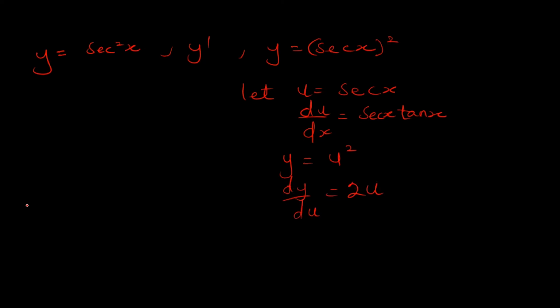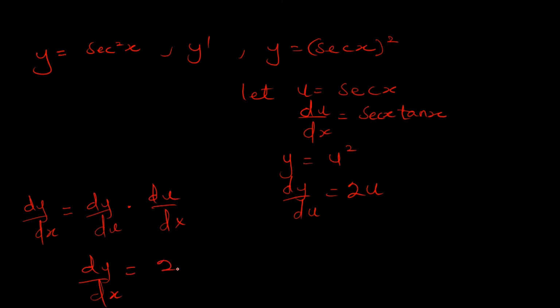So if we want dy over dx, or y prime, it is going to be dy over du multiplying du over dx. So dy over dx is going to be 2u multiplying du over dx, which is sec x tan x.